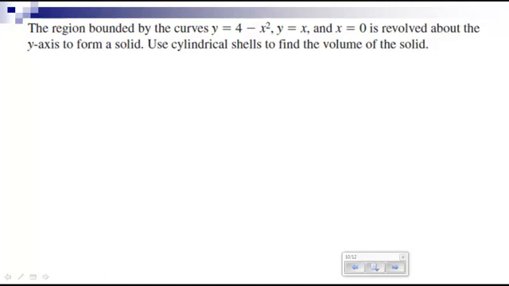So we start this problem by drawing pictures. How about the picture of this parabola? Well, I'm going to put some axes on here first.